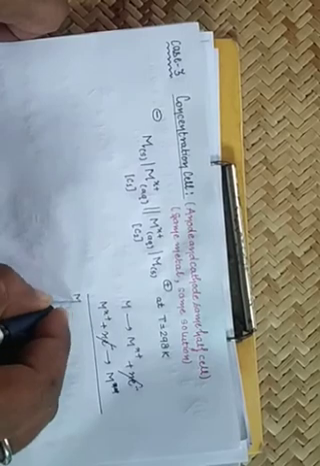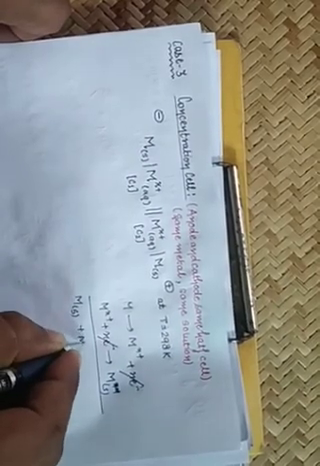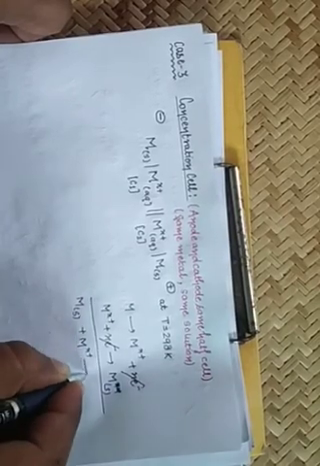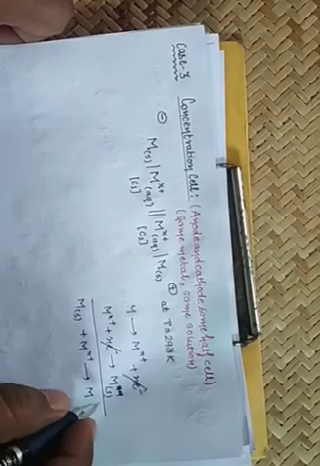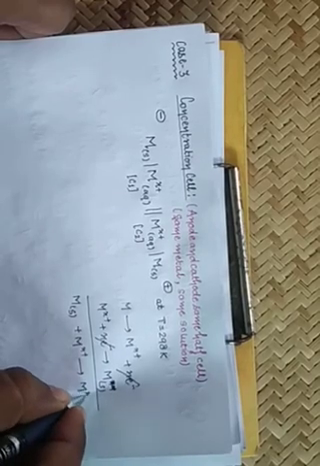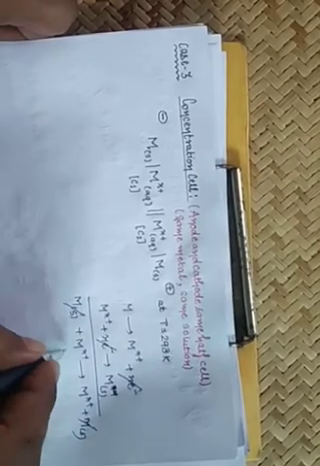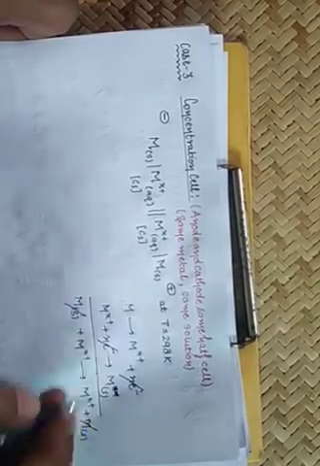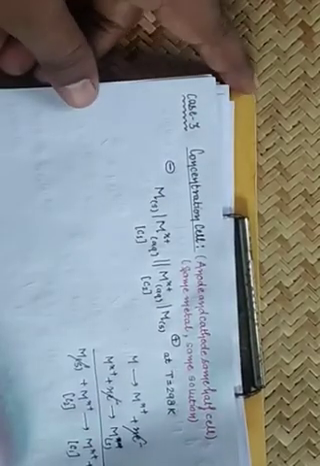The M solid cancels out, and there is Mx plus on each side. These cancel, but the concentration of this Mx plus is C1, and this one is C2. Clear?